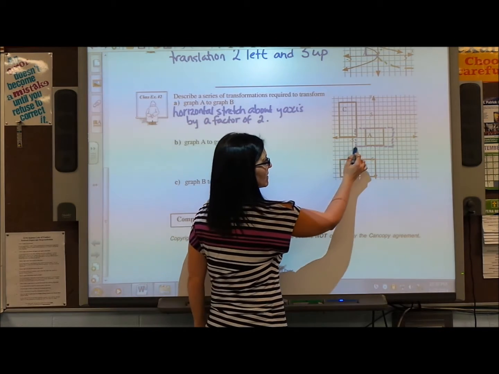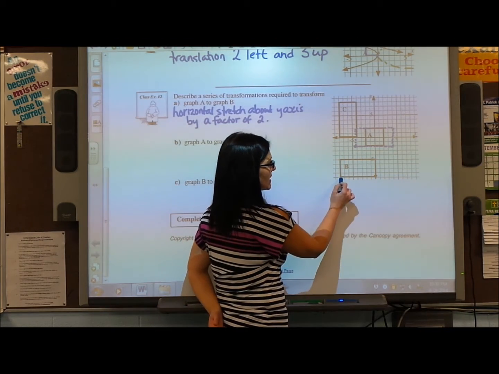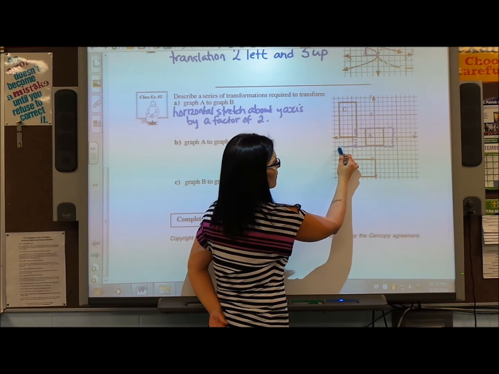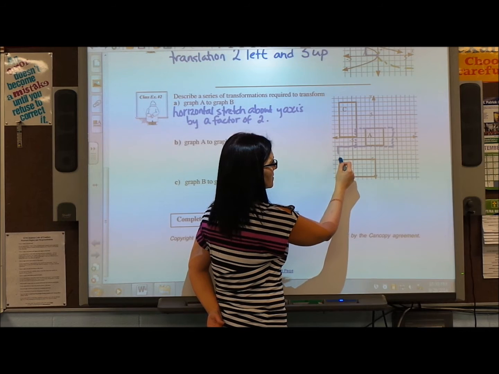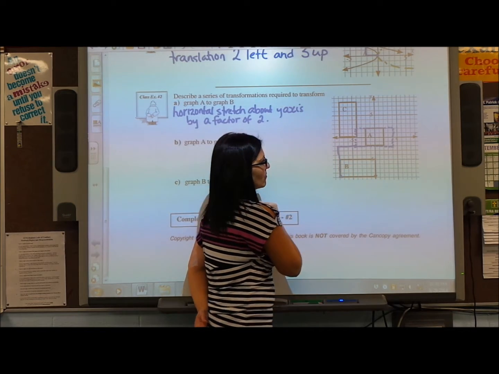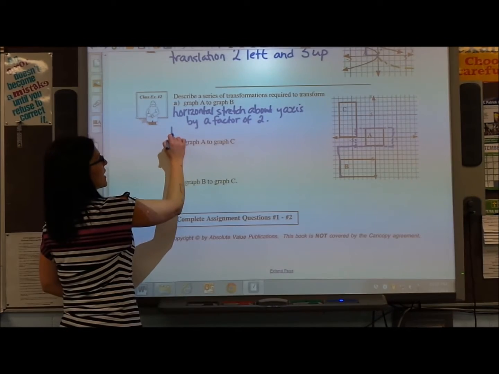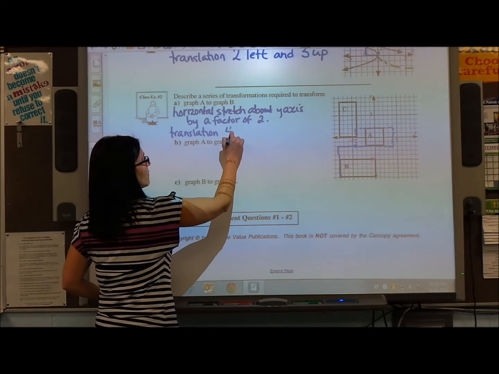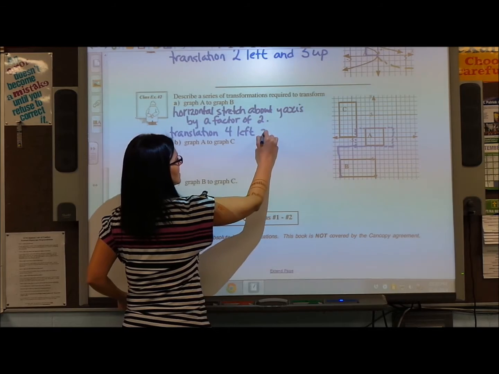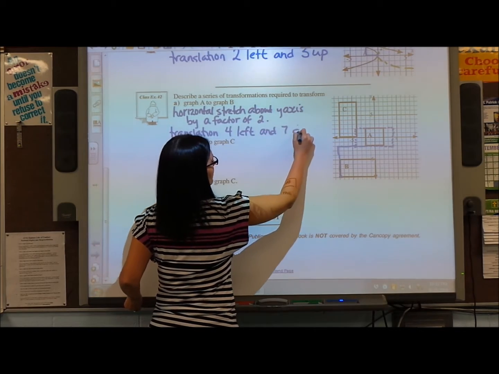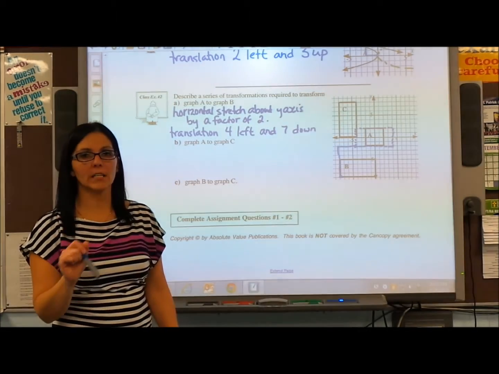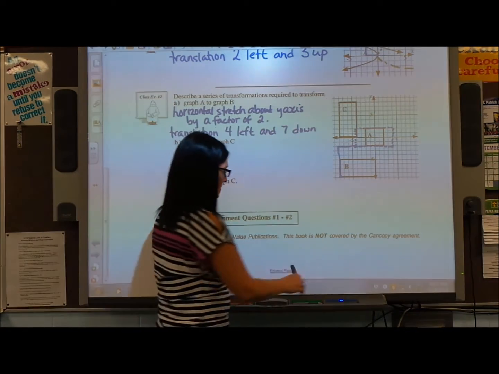So pick a vertex. I want to move this vertex to this vertex. How do I do that? I went 4 units to the left and 7 units down. So then I have a translation, 4 left and 7 down. And that'll bring me from picture A to picture B.